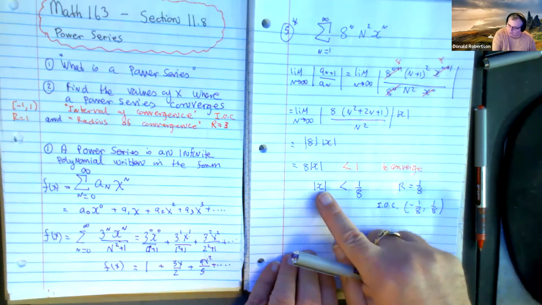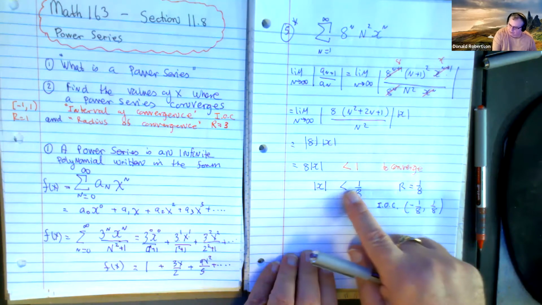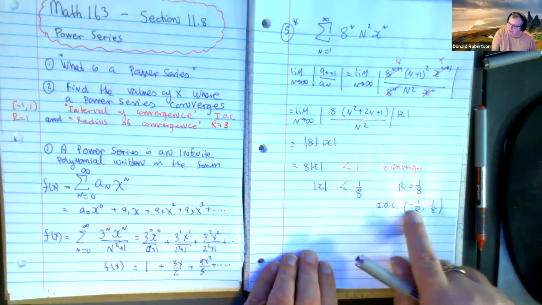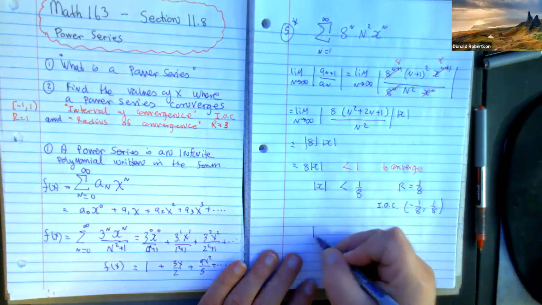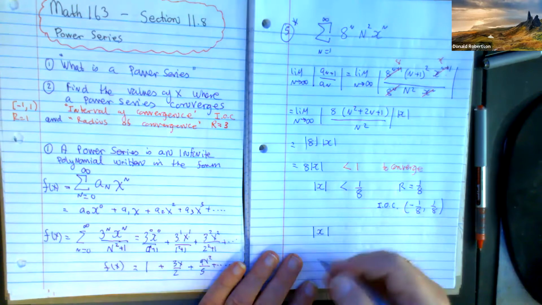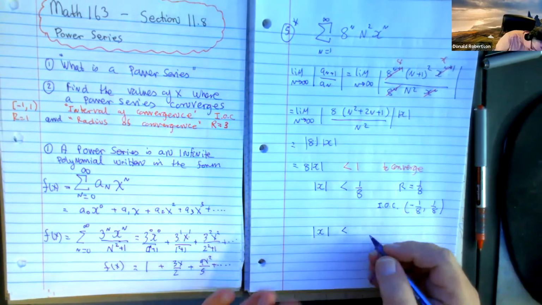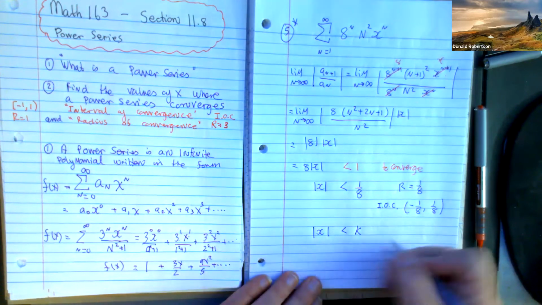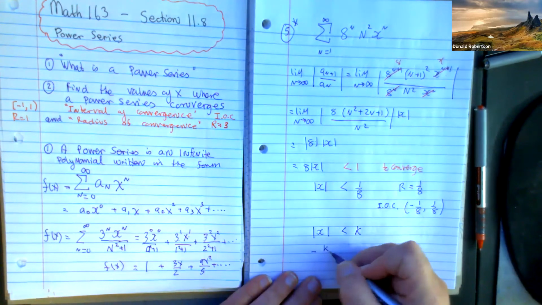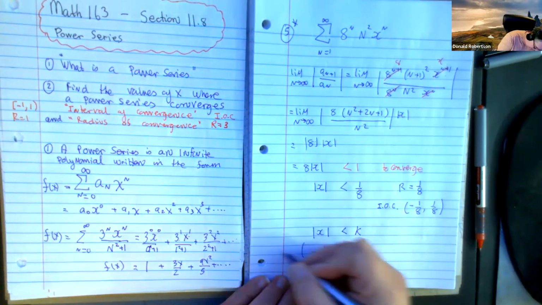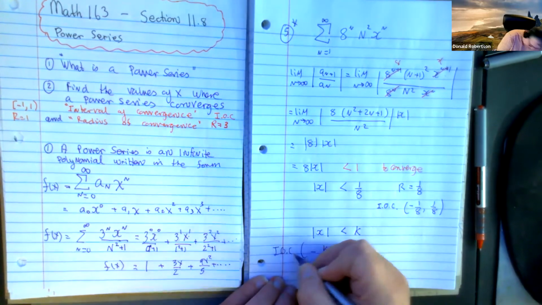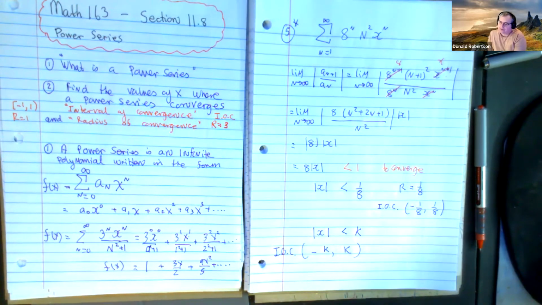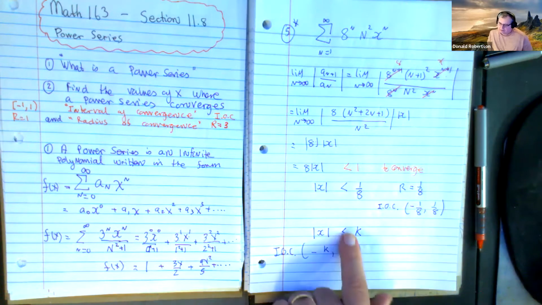Are you comfortable that values of x that make that true are always in this interval? To give you an idea, suppose the absolute value of x is less than k, where k is any number in the universe. That's what the interval of convergence would look like. Do you see the pattern? If that's 20, this is minus 20 to 20.